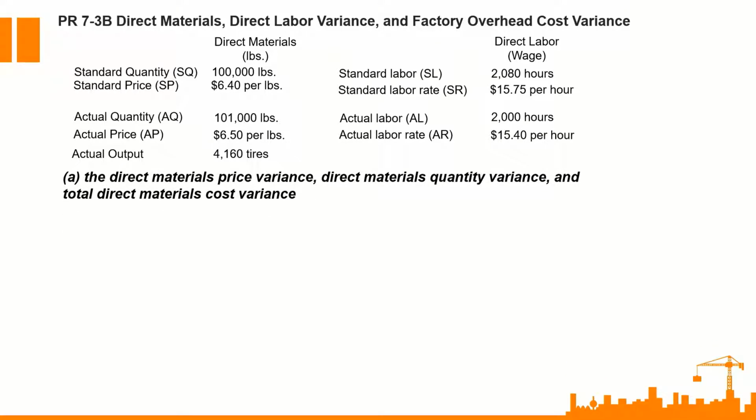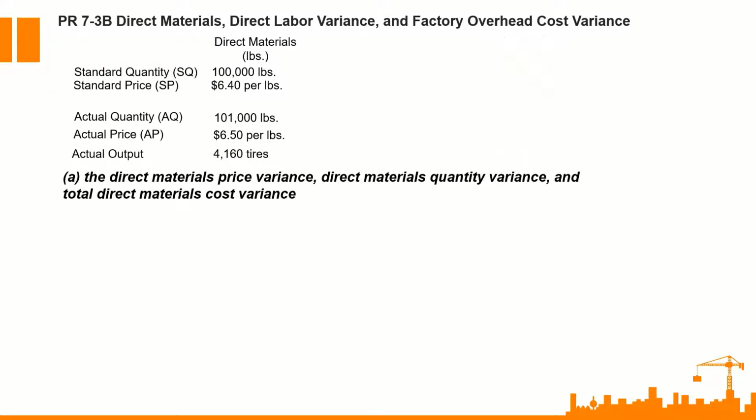Okay, the first requirement entails us to solve for the price variance, the quantity variance, and the total direct materials cost variance. So these are all variances relating to direct material cost. So we will focus more on direct materials with regard to the details. Okay, now remember the formula for price variance.